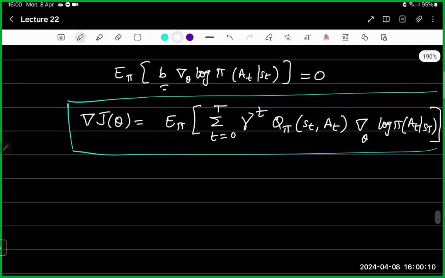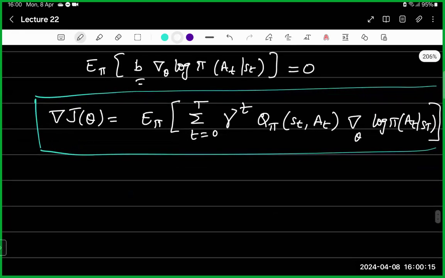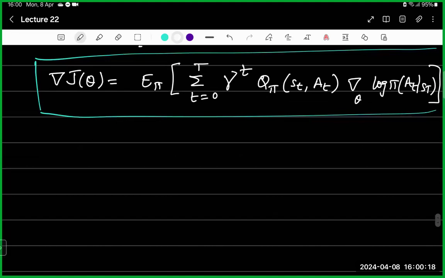For any variant of policy gradient, you can start from this expression. You can also subtract the baseline if you want, because you can subtract any baseline which is not a function of A_t, and we'll still have the same expression. So what is REINFORCE according to this?